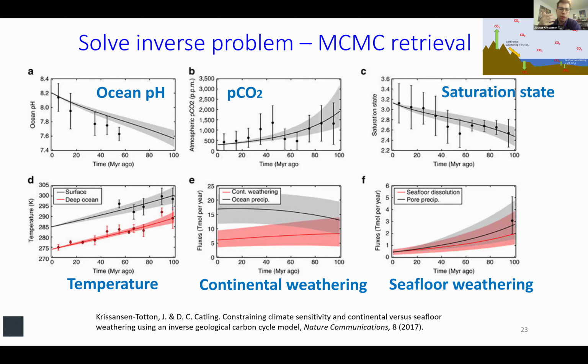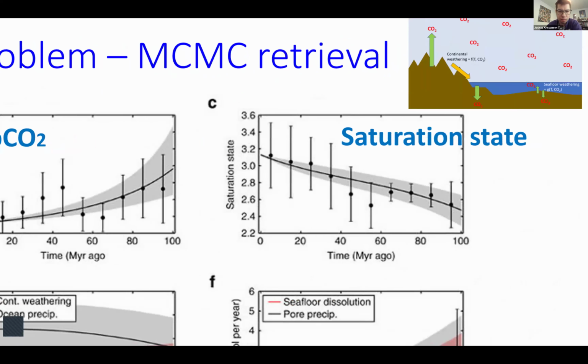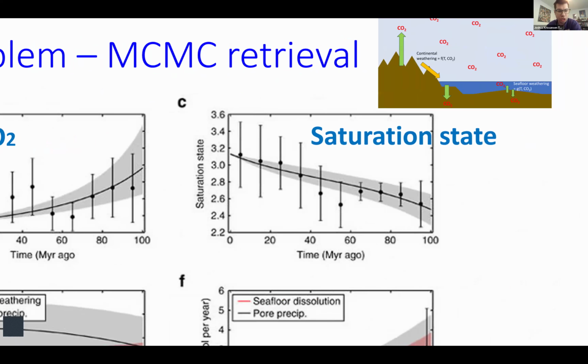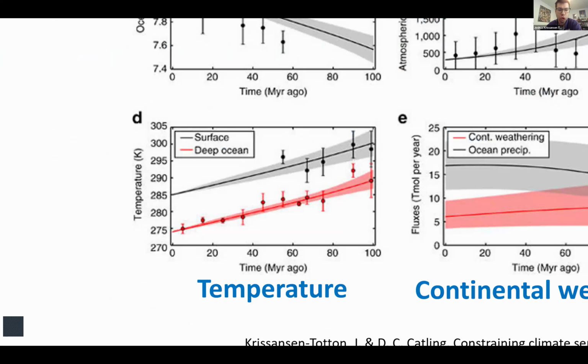We don't know long-term climate sensitivity and various other forcings. So we allowed those to vary freely and then demanded that the evolution over the last 100 million years fit these proxies. So it has to recover the decline in CO2 since the mid-Cretaceous, increasing ocean pH, change in carbonate saturation state, and changes in climate and deep ocean temperature.